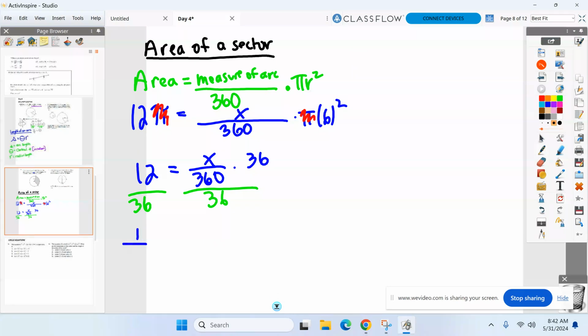So was that 1/3 over here? Your calculator's probably giving you that. The 36 is cancelled. X over 360. All right, on you now.